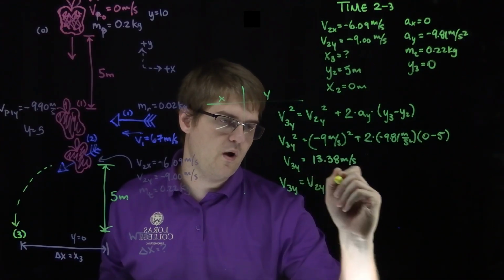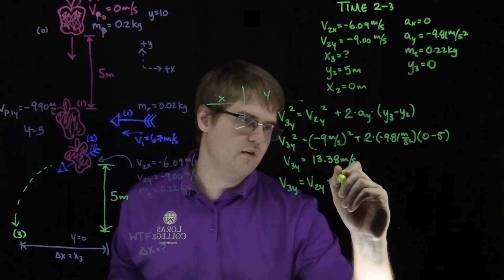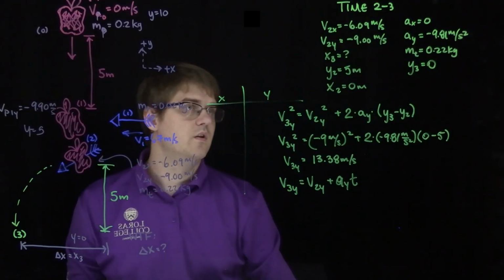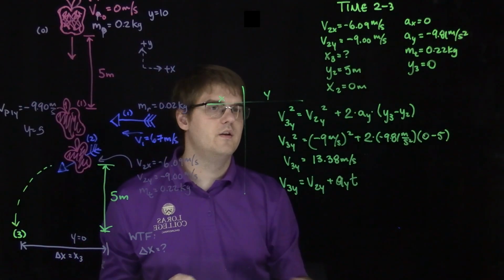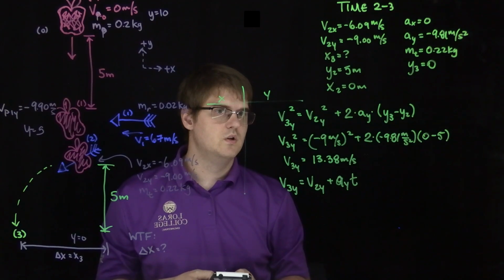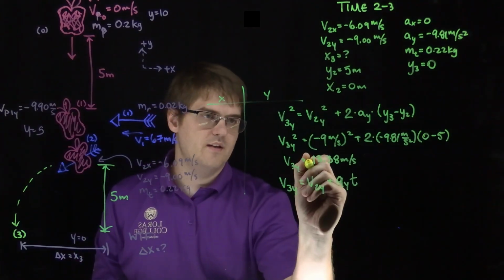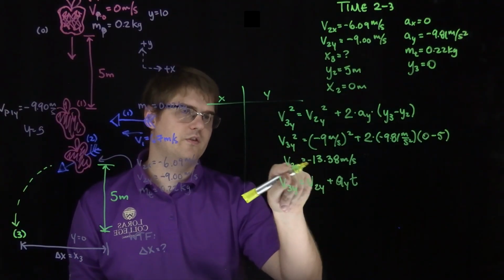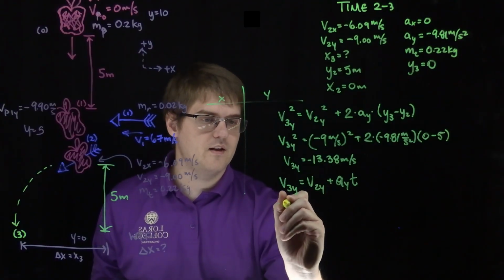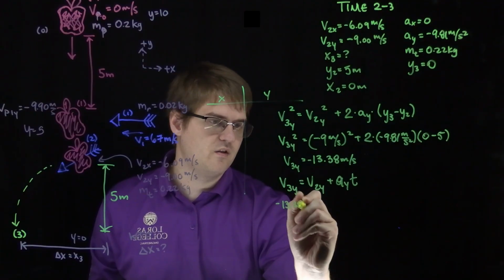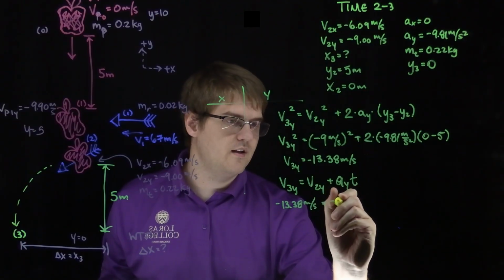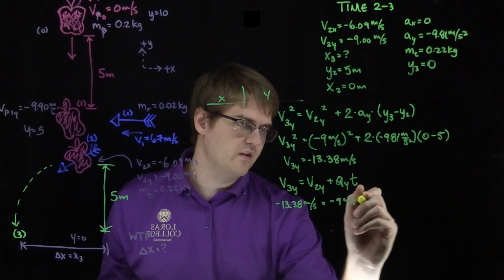And then if I go in and I say velocity 3 in the y is equal to velocity 2 in the y plus my acceleration in the y times my time. So velocity 3 in the y should be, oh, sorry. This guy is negative. It didn't all of a sudden switch, so that we've got the square root, and the square root, we have to have a negative there. So velocity 3 in the y is negative 13.38 meters per second. Velocity 2 in the y is negative 9 meters per second.